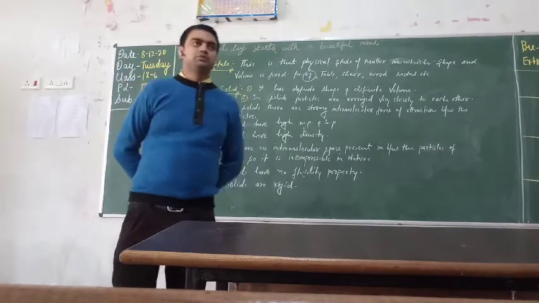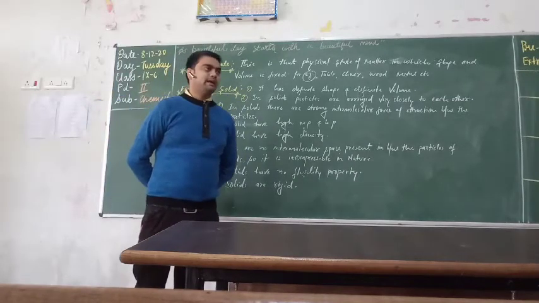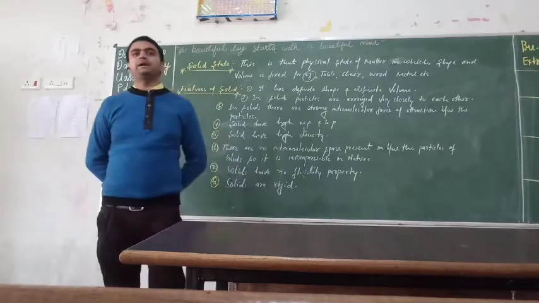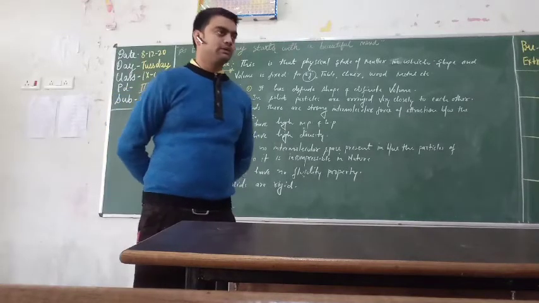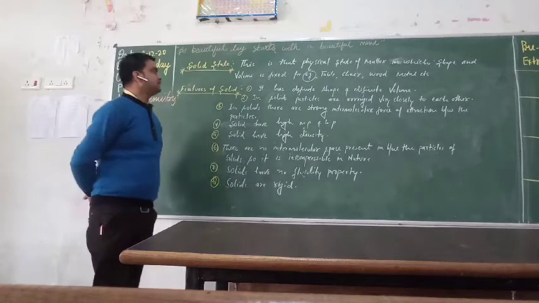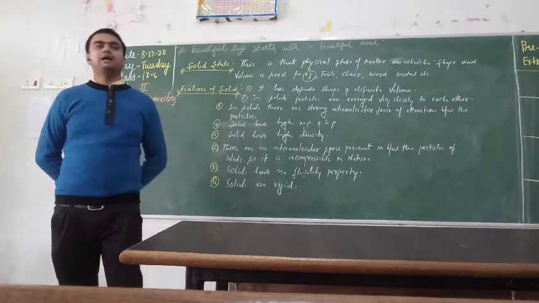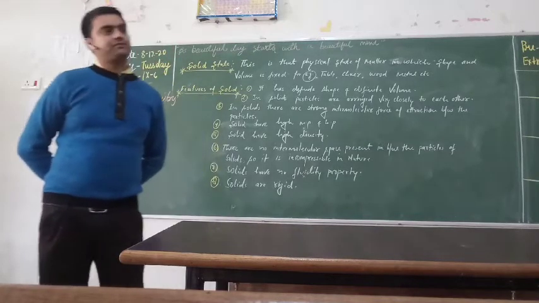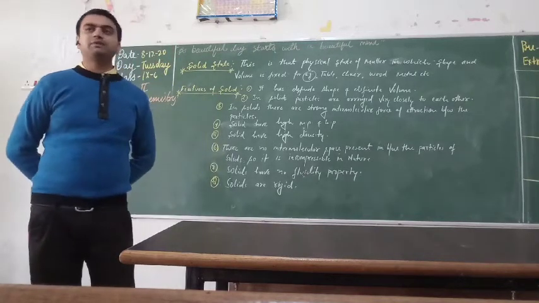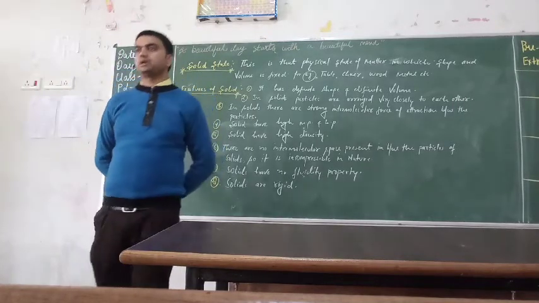Clear? So what you know about the solid, you know very well that solid has definite shape and definite volume. Clear? Or we can define that the solid is that physical state of matter which has definite shape and definite volume. This is a very important feature for any solid.